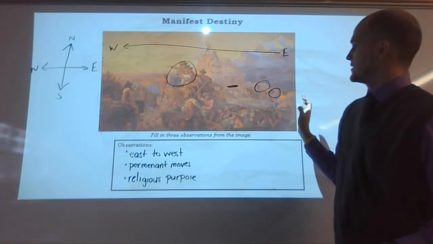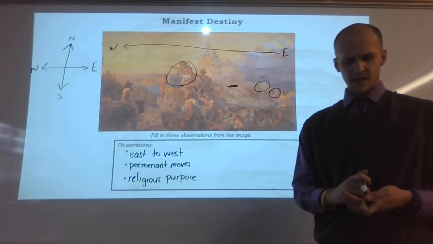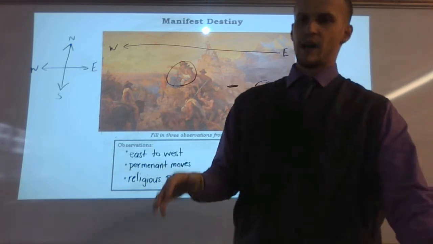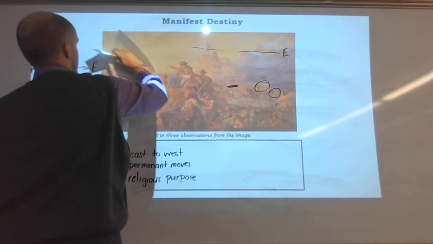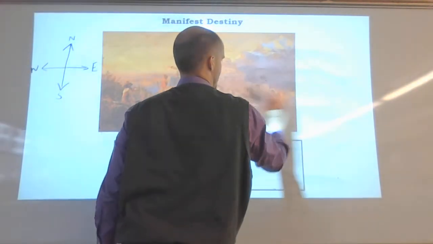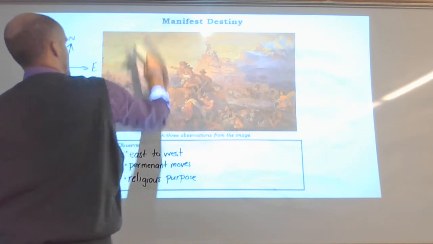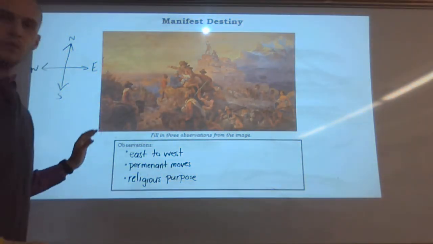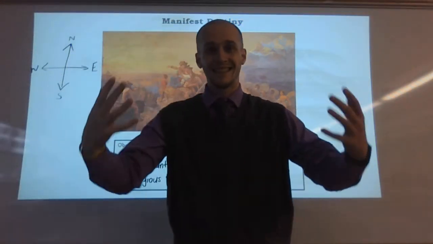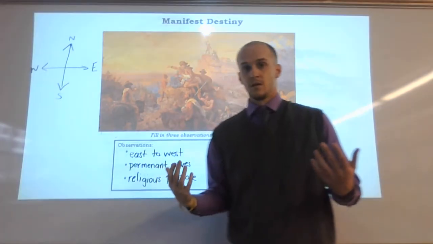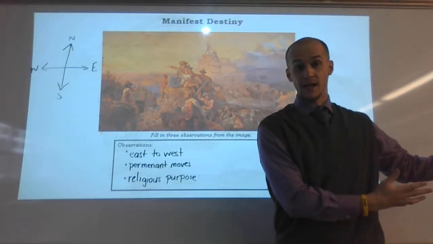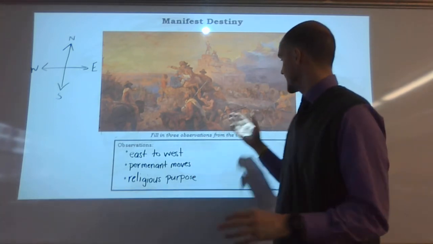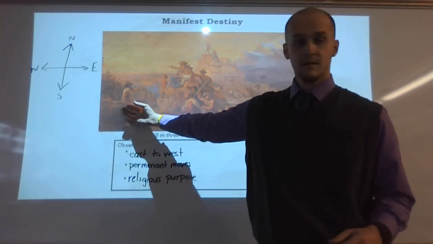And they would print and spread images like this to spread the idea and the desire for manifest destiny, for people to migrate. You can see it's a whole lot of people doing it.